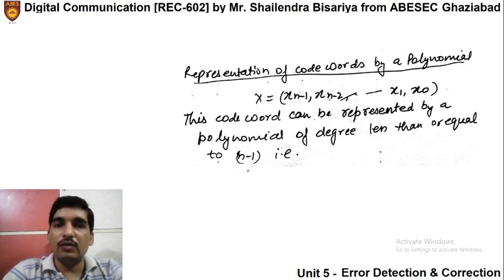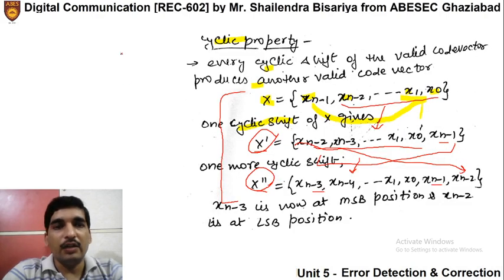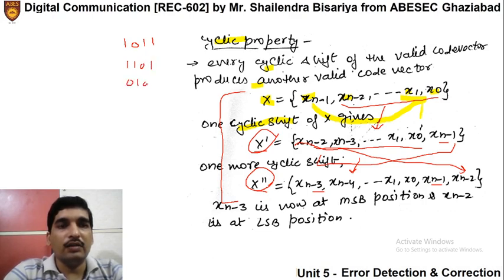Okay, so for example, let us say one code is 1011, we say another code 1101, another code 0101, and another code 1001. Now we say these are the four valid code words, the set of code words.